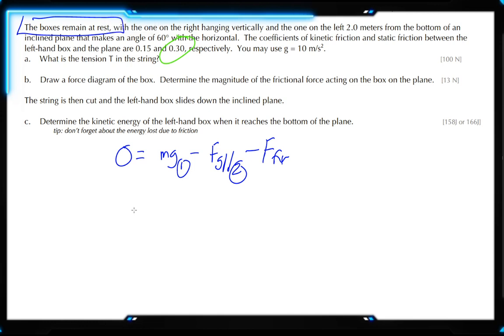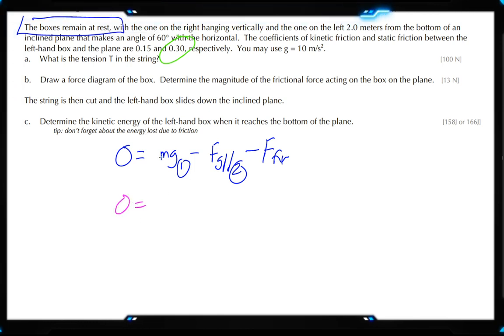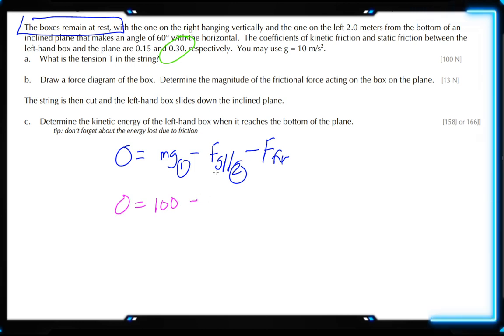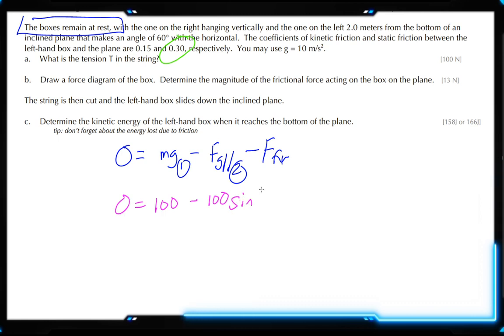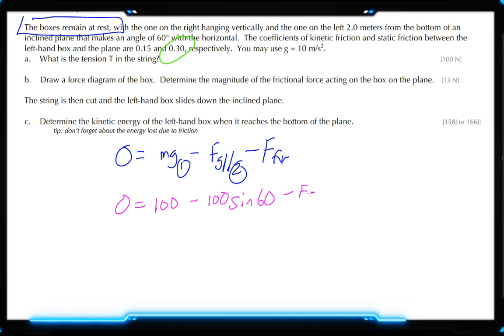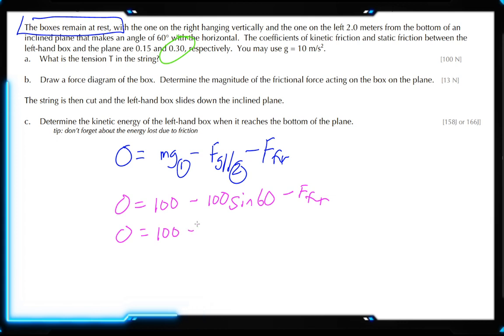It'll be 0 equals m is 10, g is 10, this is 100, minus the parallel force is 100 times sine 60, and this guy's my friction force, that's my goal. This is 0 equals 100 minus 71.6 minus friction.